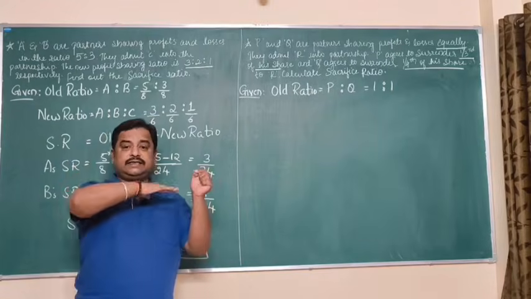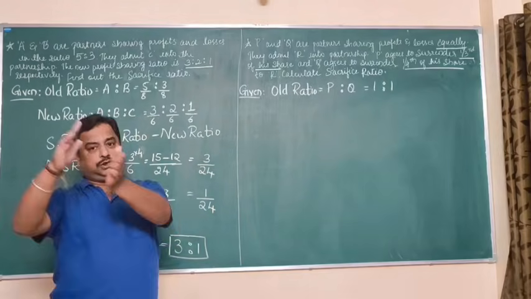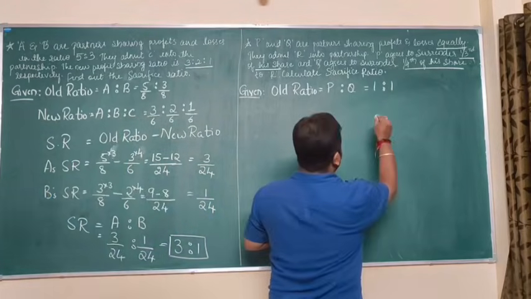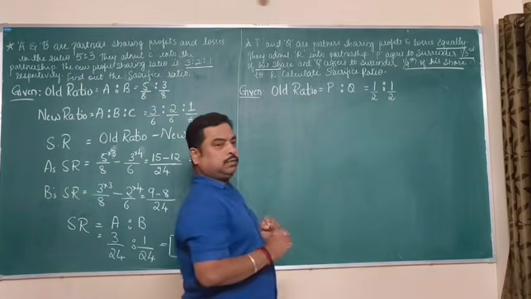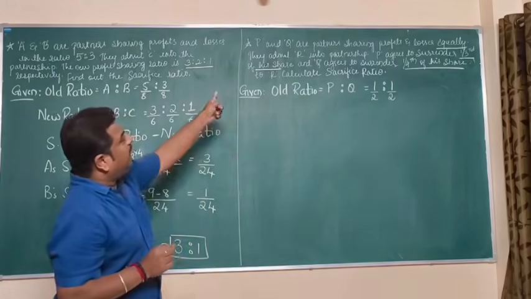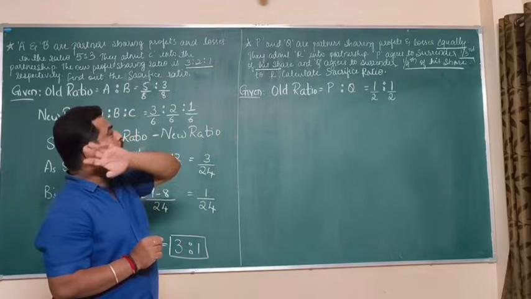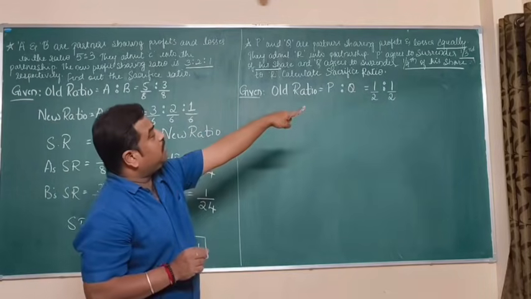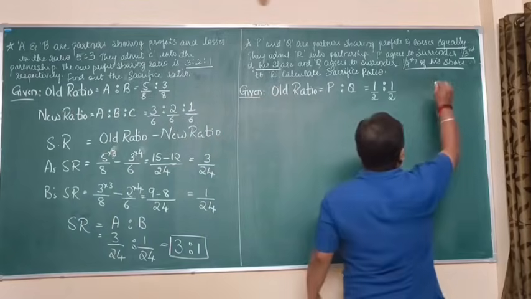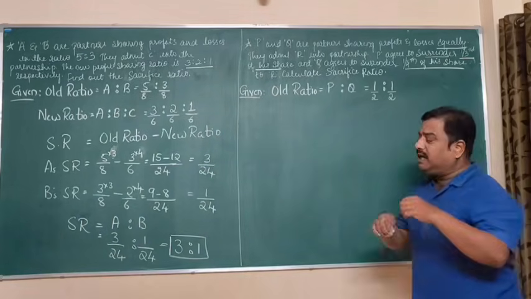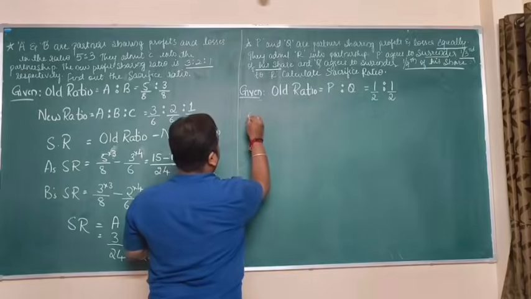If three partners equally, it is 1:1:1. So two partners 1:1 means 1/2 and 1/2. What else is given? They admitted R into partnership, that's okay. P agrees to surrender 1/3 of his share. Surrendered means what? Sacrificed. So okay.